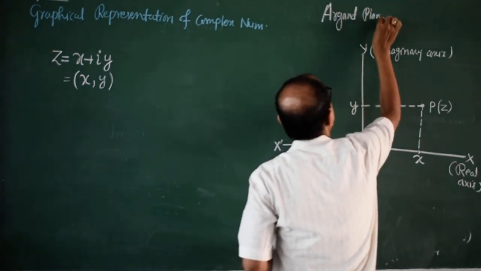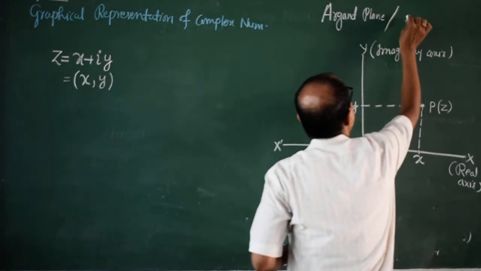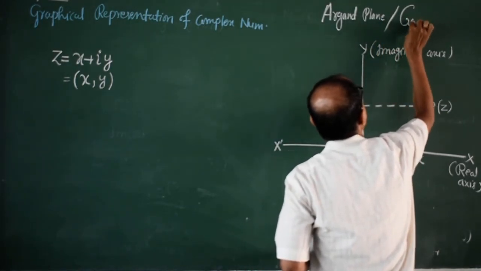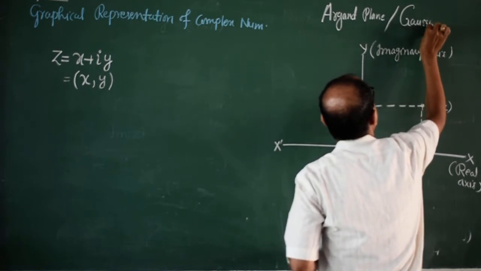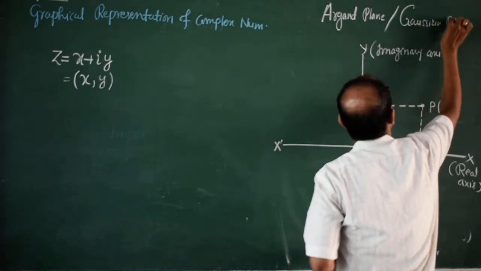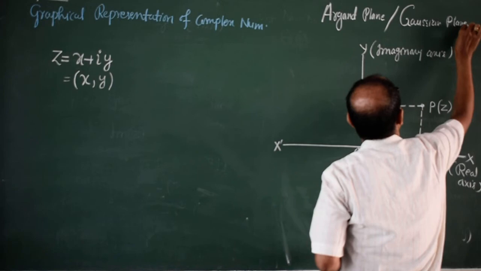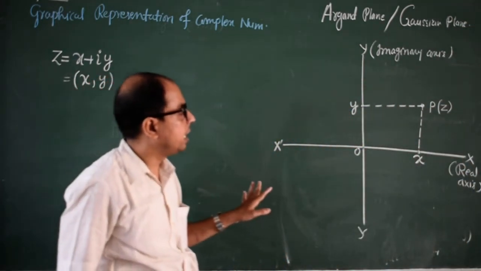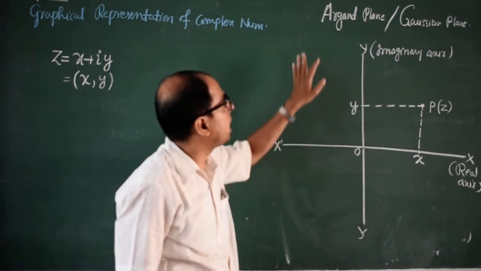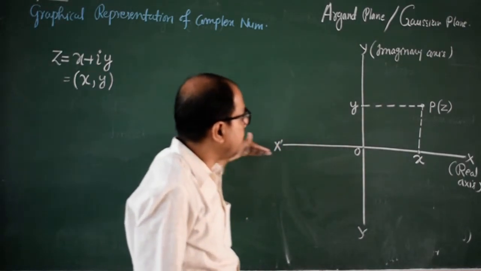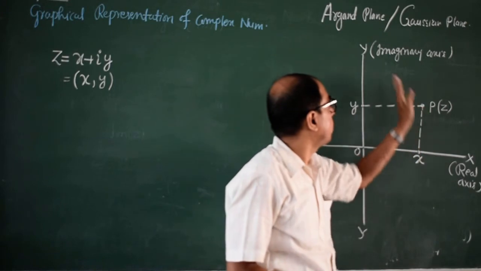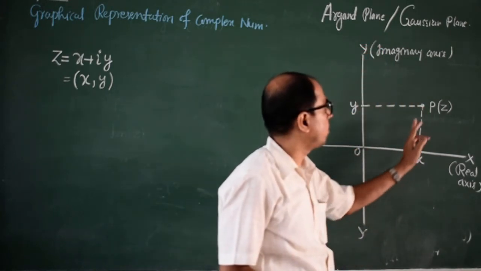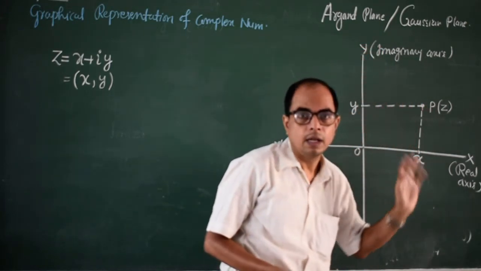Or you can call this plane the Gaussian plane. Clear? So when any complex number is plotted in the xy plane, this plane is called the Argand plane. The x-axis is called the real axis and the y-axis is called the imaginary axis, and the complex number is plotted by a point.